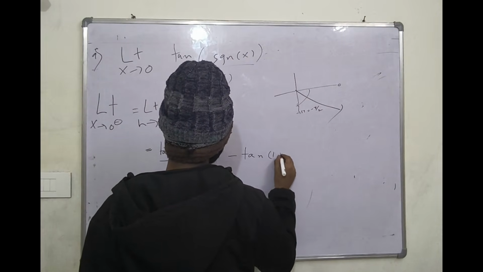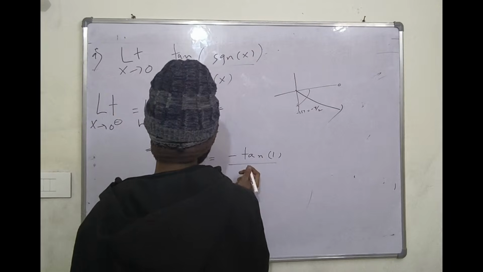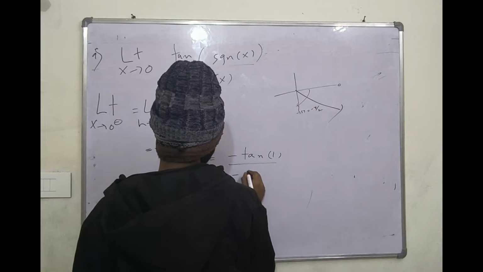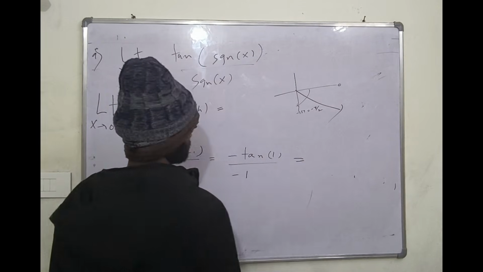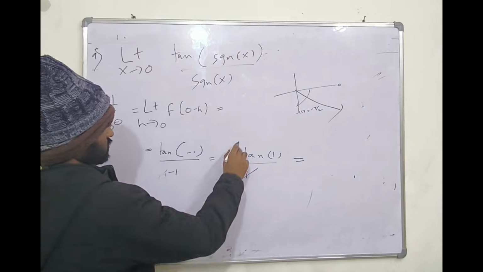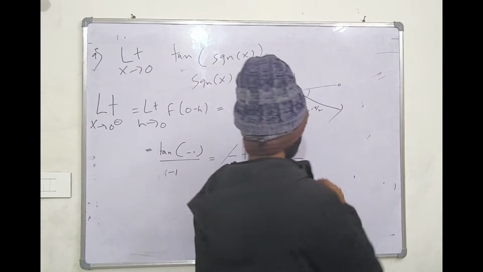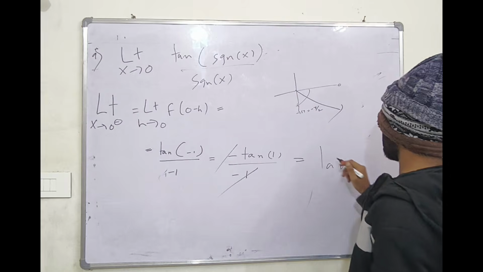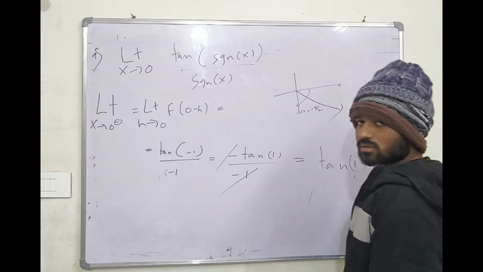In the fourth quadrant, tan of something negative is minus tan of that something. So the -1 is cancelled. The value is tan 1. Okay, good.